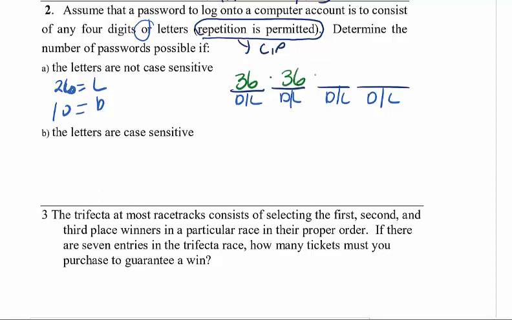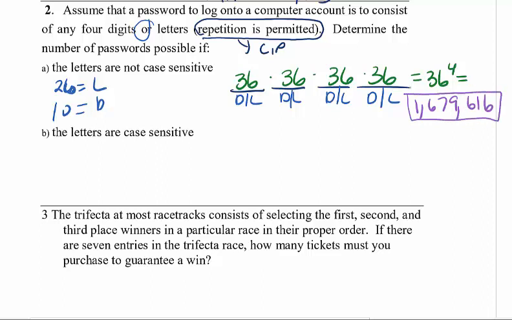And repetition is allowed, so for every single spot, we have 36 choices. Again, you can type that in your calculator that way, or you can do 36 to the 4th power. Again, please practice plugging this into your calculator. It's 1,679,616.